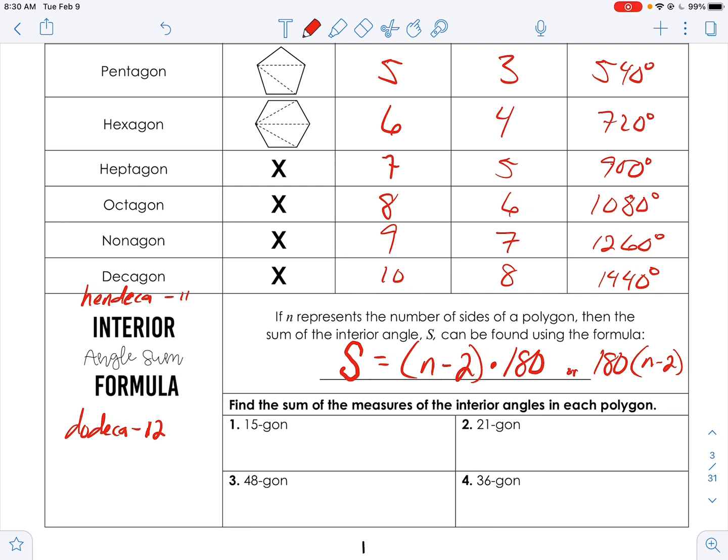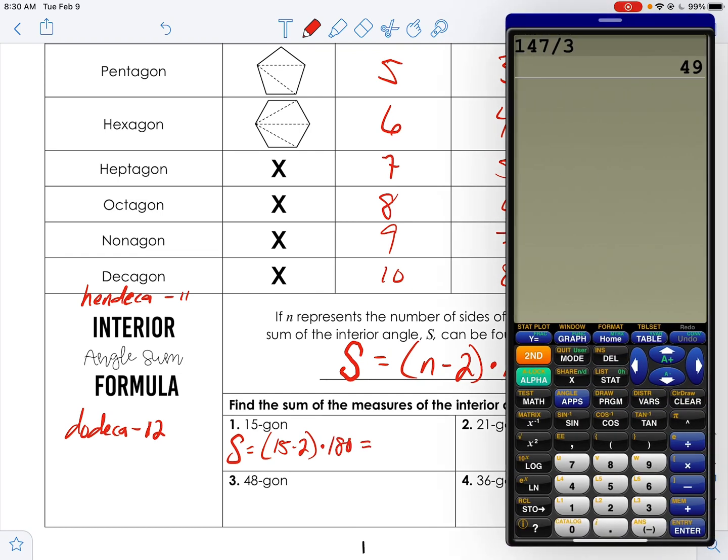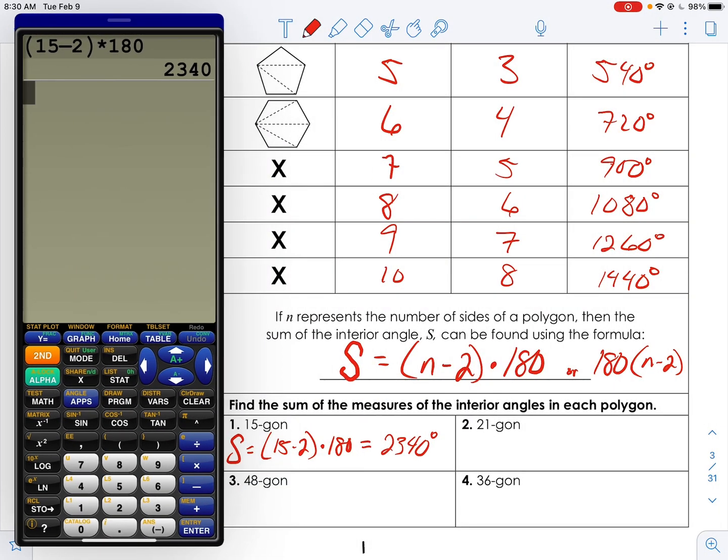So number 1 here is a 15-gon. So the sum is equal to 15 minus 2 times 180, which is, let me go, parenthesis, 15 minus 2, parenthesis, times 180, enter, 2340. There's 2,340 total degrees inside that polygon.